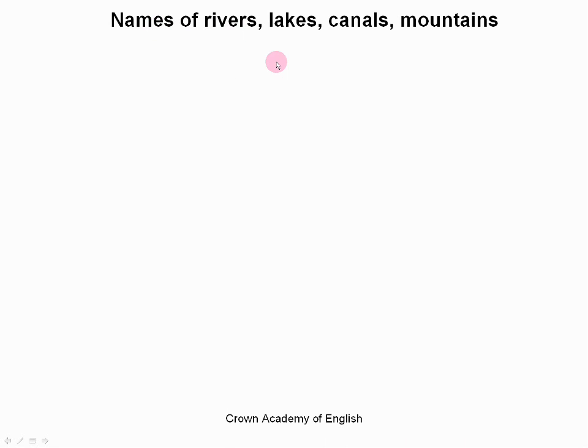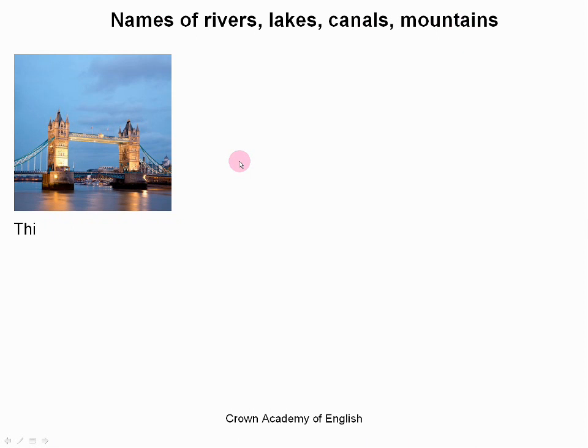Now, names of rivers, lakes, canals, and mountains. This river is called the River Thames. So as you can see, we spell River Thames, the two words are the name of the river, so we spell them with capital letters.